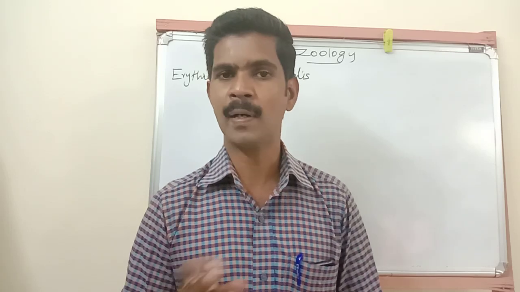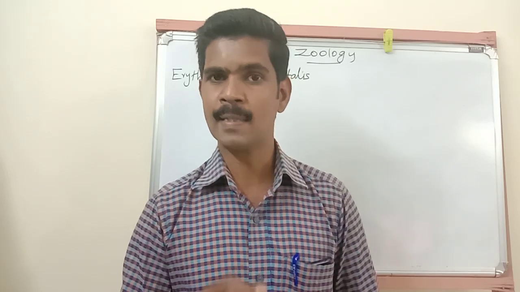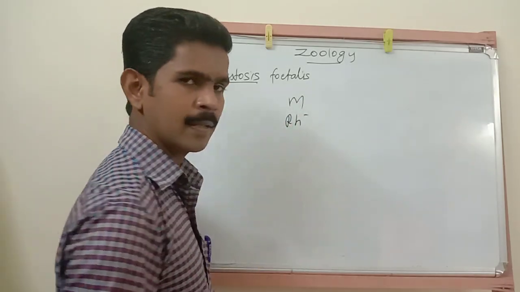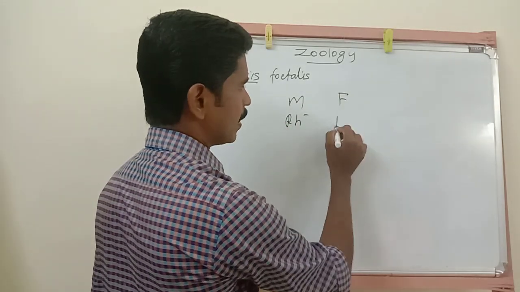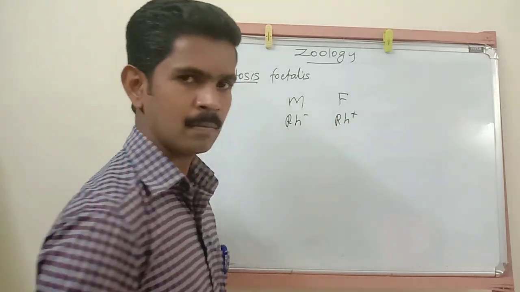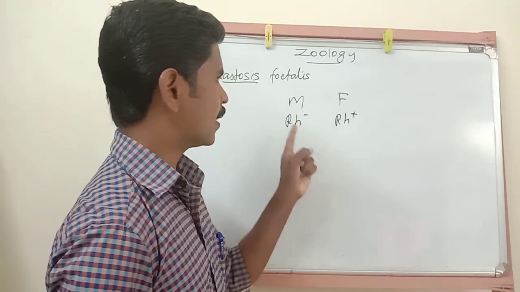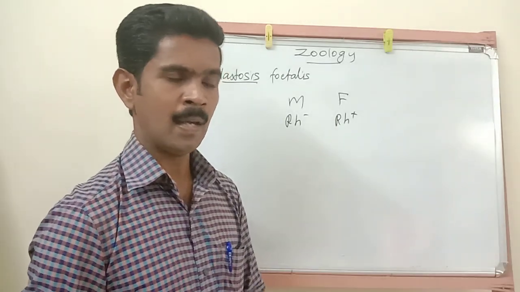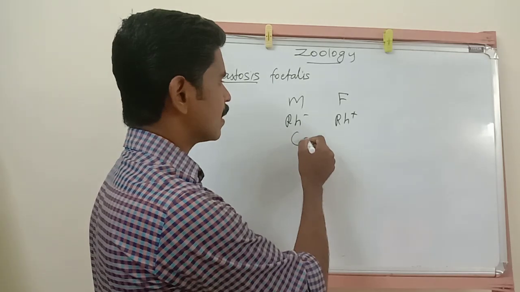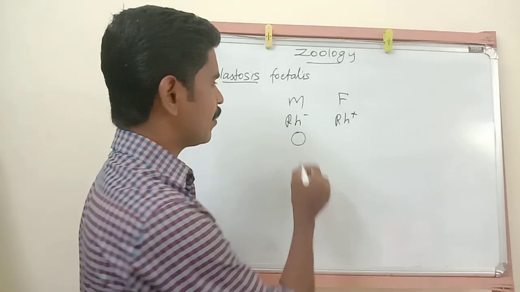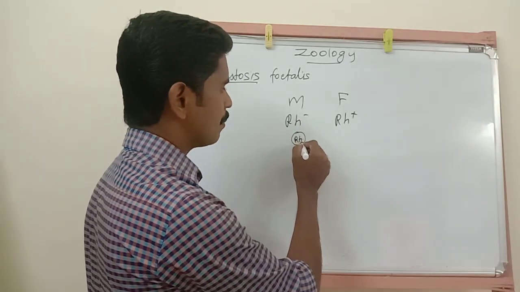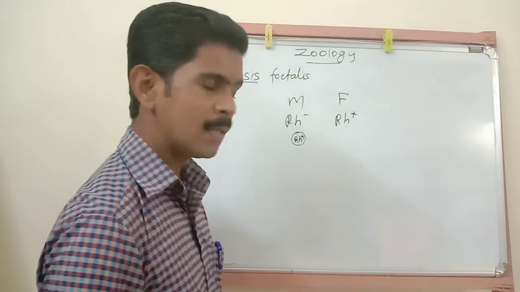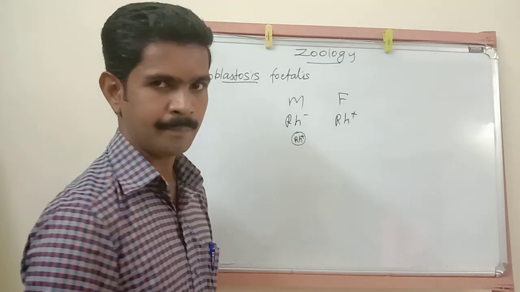Listen very carefully. One mother is there, her blood is RH negative. The father's blood is RH positive. So the mother's blood is RH negative and the father's blood is RH positive, and a fetus is developing inside the uterus of this mother, and the fetus may be in RH positive condition.